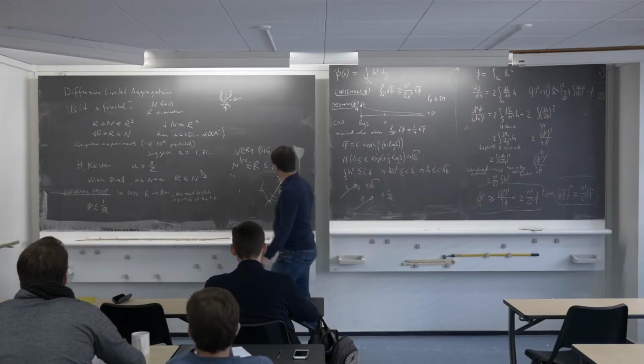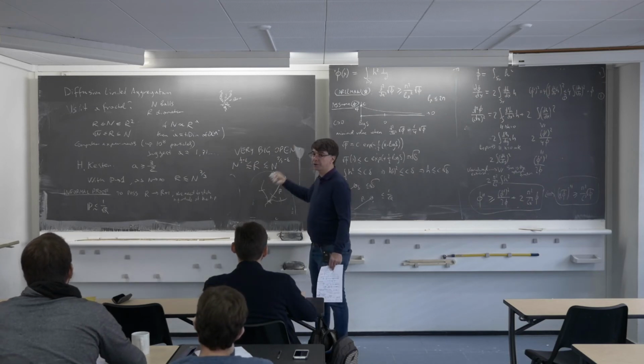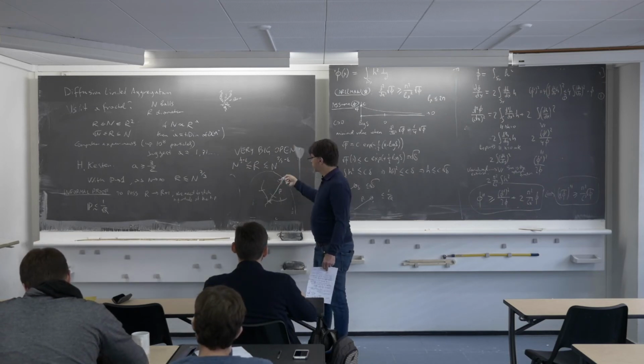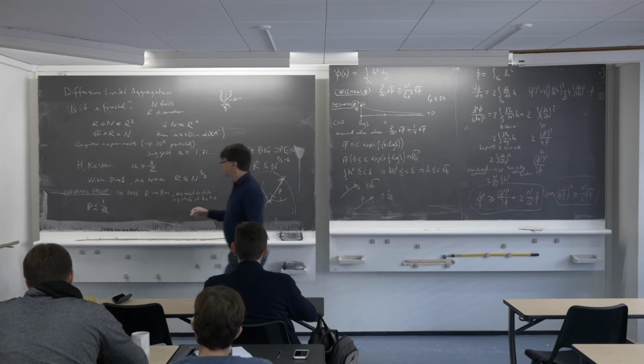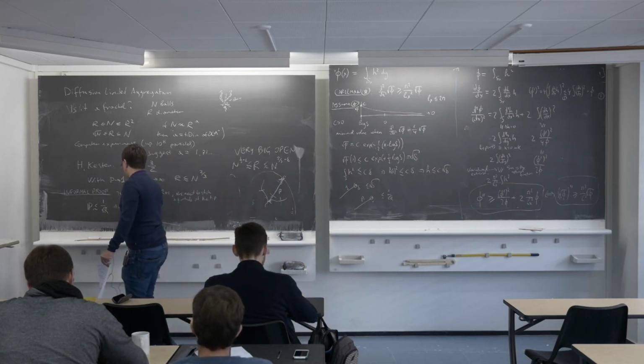So if the probability of getting here is 1 over square root of r, how many particles do we need to throw in to stick it right there? We need square root of r particles.